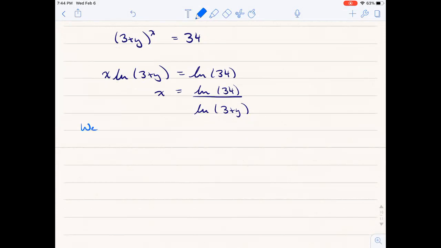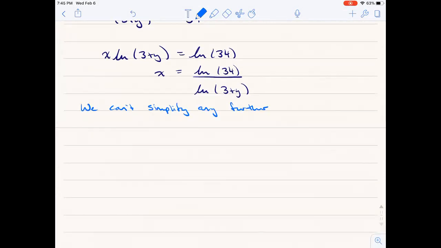We can't simplify any further because we don't know, I almost wrote y as in why, but it's just we don't know y, the variable y. We don't know why. But so then we would just end it there.